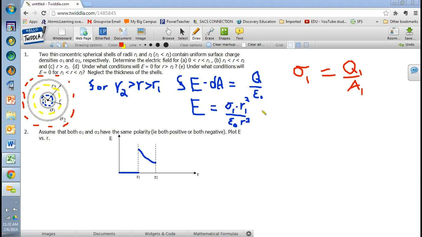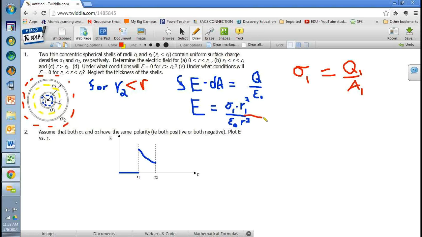So let me go ahead and modify this a little bit here. I'm going to change my picture slightly. We're looking at when R2 is less than R, excuse me, not R1, just less than R. So the way this is being modified is the following.